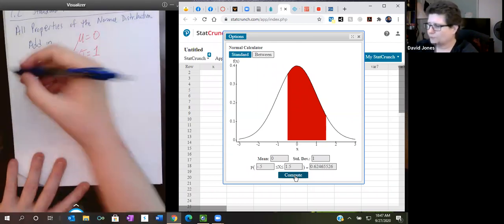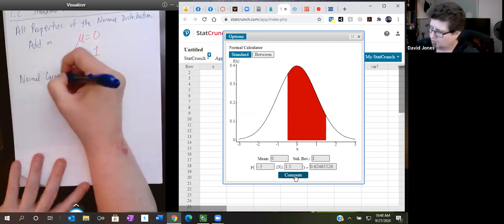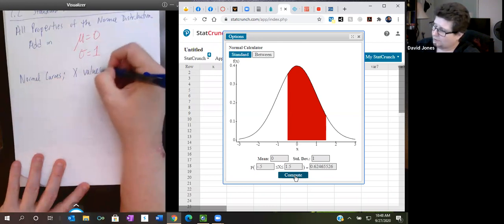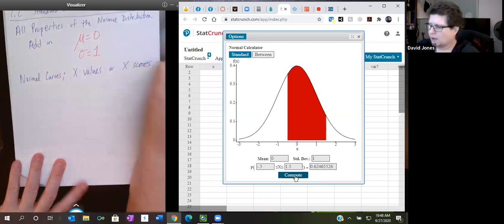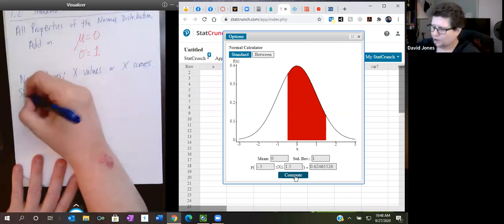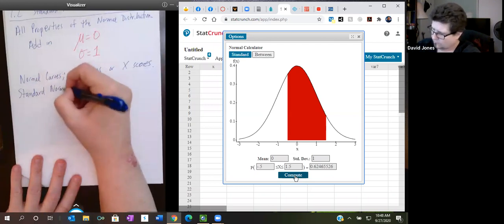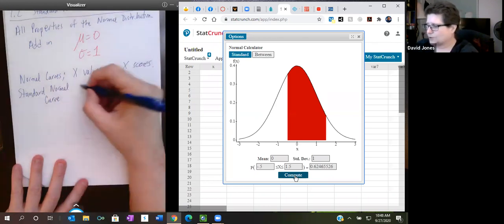In the normal curve, we call them x values or x scores. When it's the standard normal curve, we actually say z scores or z values.